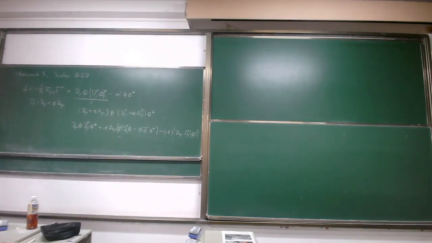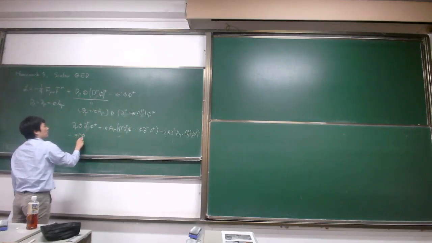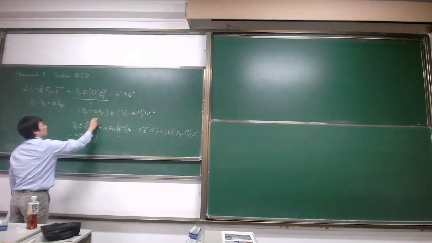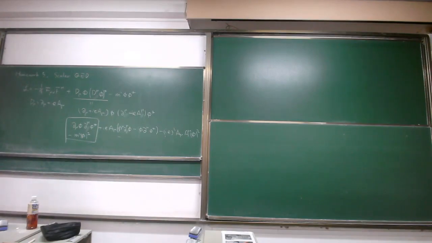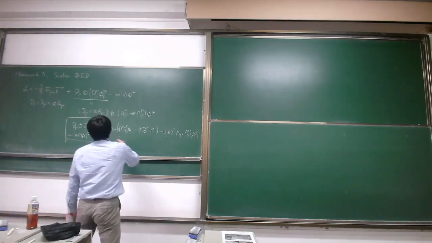So this is the case, and then if you add the mass, this will give you just a free complex scalar, and this will give you the interaction term. This will give you the interaction term.